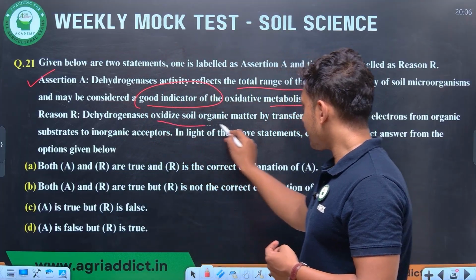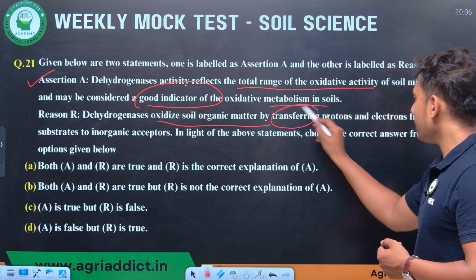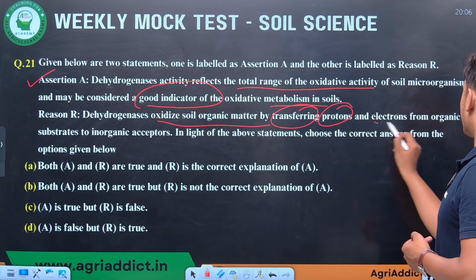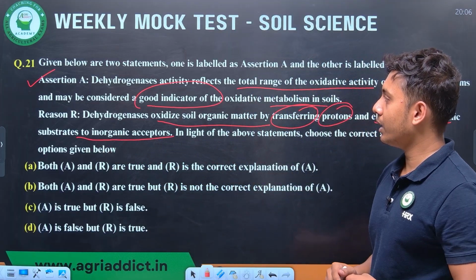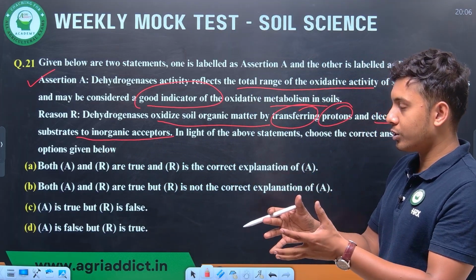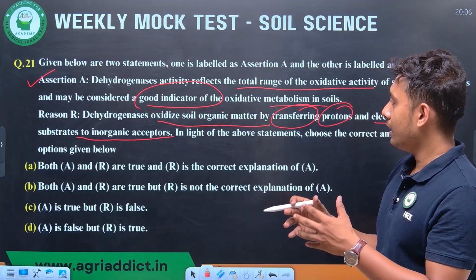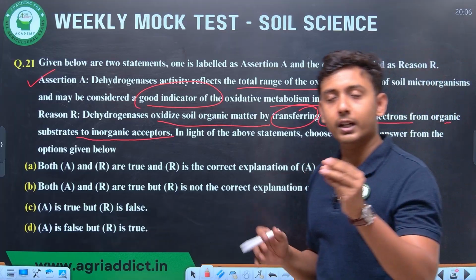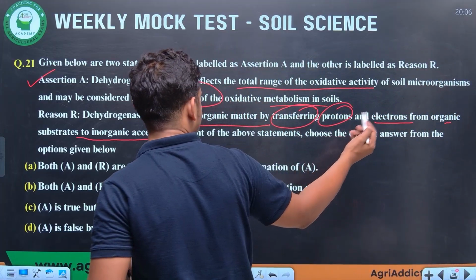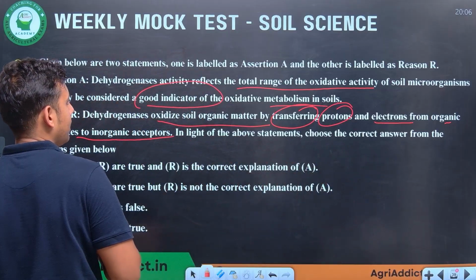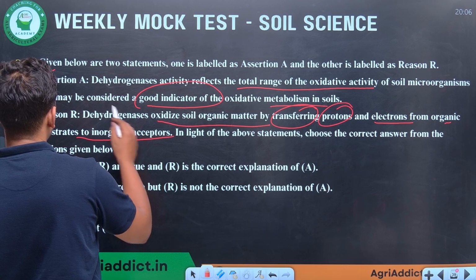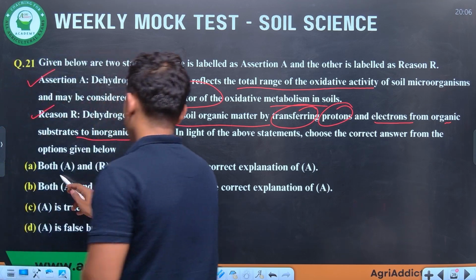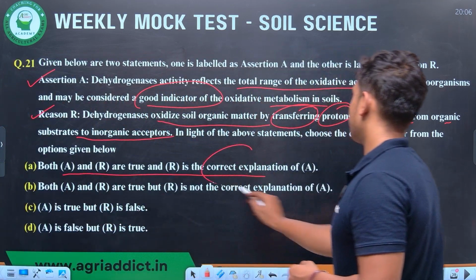Dehydrogenases oxidize the soil organic matter by transferring protons and electrons from the organic substrates to the inorganic acceptors. So this is the perfect explanation of the assertion. So option 1 will be correct, the correct explanation.